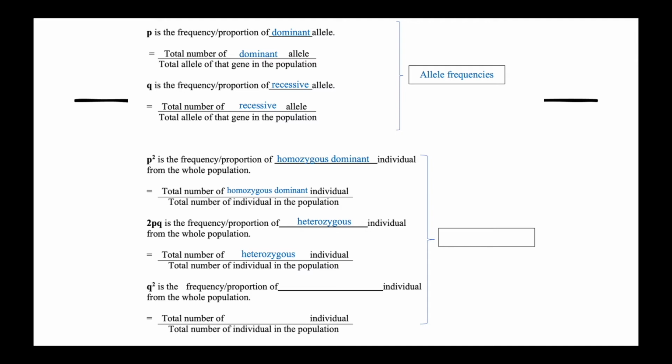For homozygous recessive individuals, often designated by Q square, you simply divide the total number of homozygous recessive individuals by the total number of individuals in the population. P square, 2PQ, and Q square are known as genotypic frequencies.